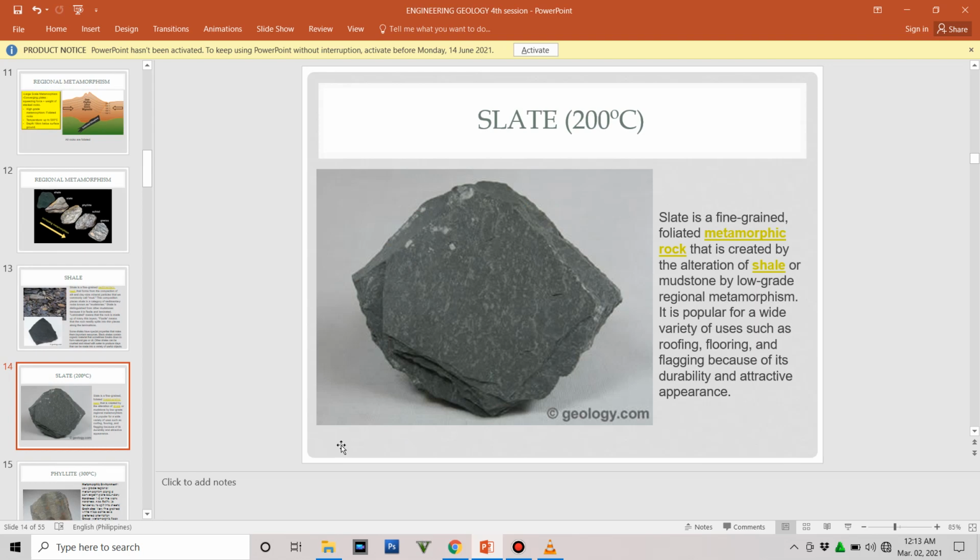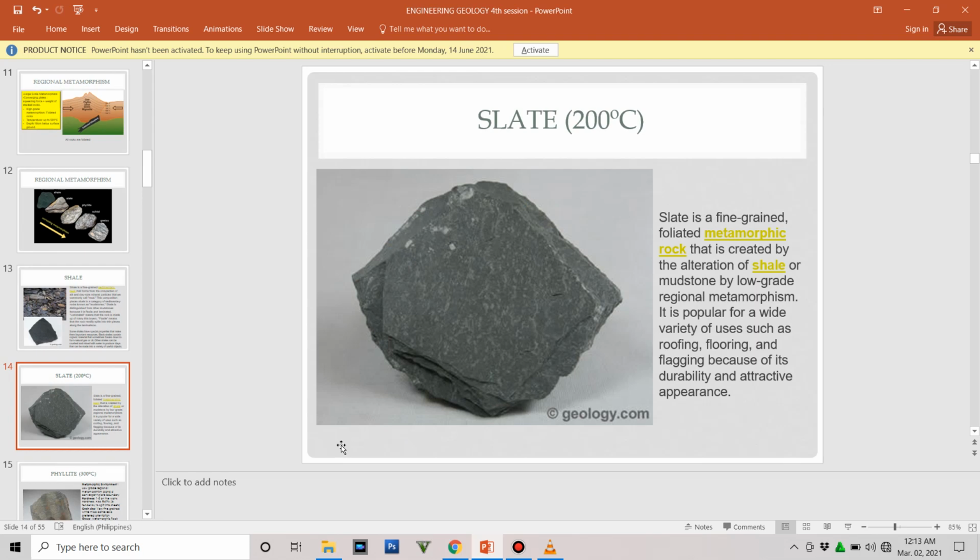So it is a fine grained foliated rock. So kung makikita mo, medyo parallel na yung mga some of its minerals. If we have a closer look on the color, parang may mga stripe siya, but not that so much obvious.